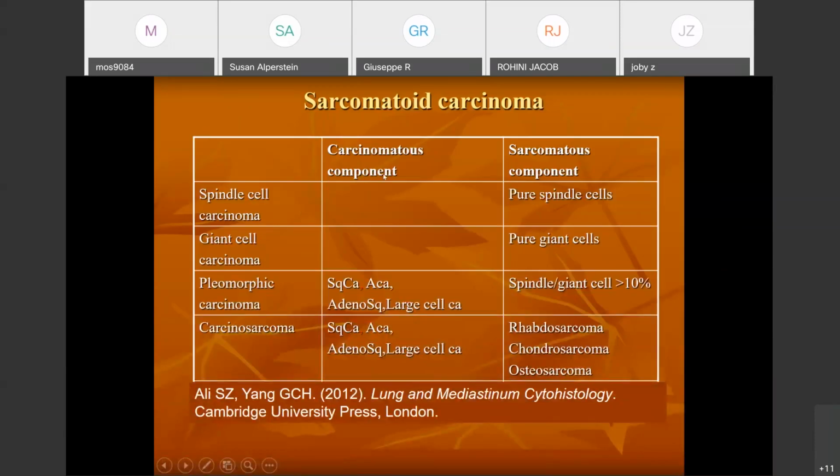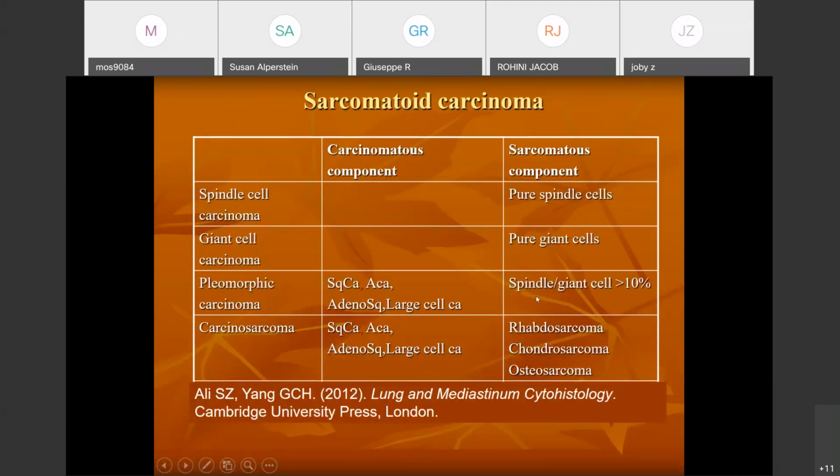So sarcomatoid carcinoma, when you have, I show you pure spindle cell, pure giant cell. But if you have squamous cell carcinoma, adenocarcinoma, we call it pleomorphic carcinoma.